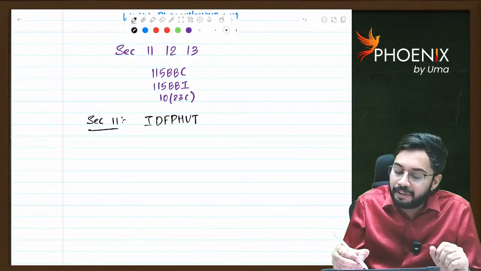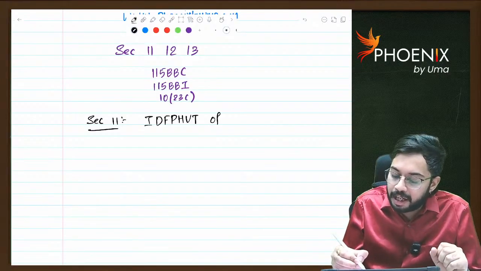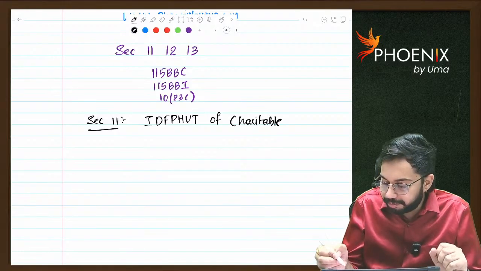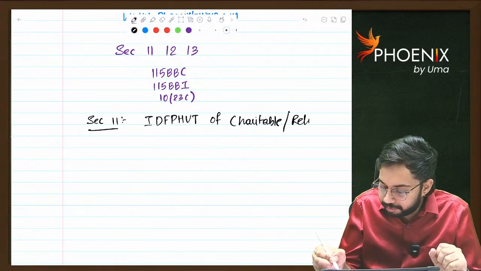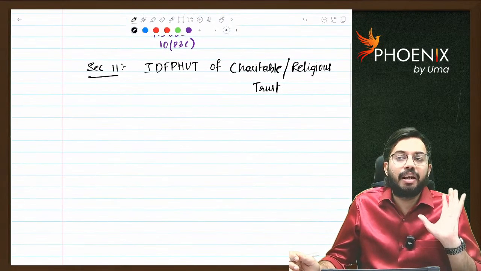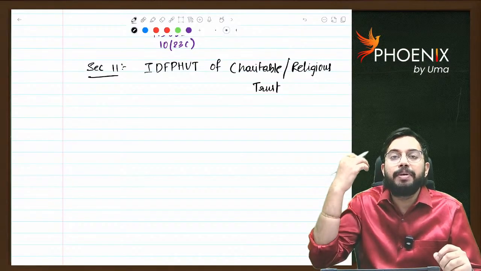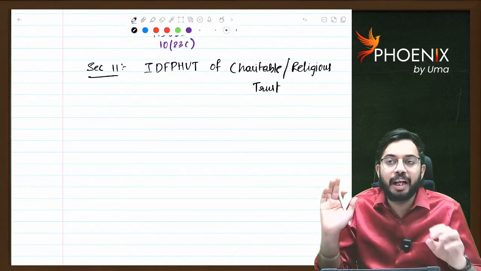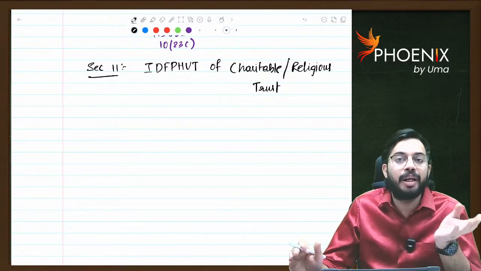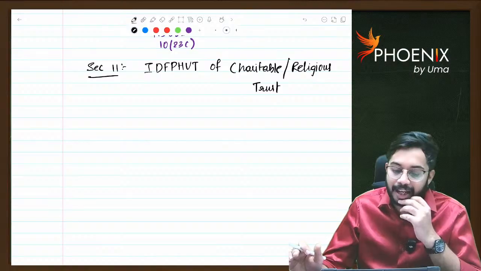The income derived from property held under trust of a charitable or religious trust, out of that income, 15% standard deduction is allowed. That means 15% of such income is not at all taxable and only the balance 85% is taxable.